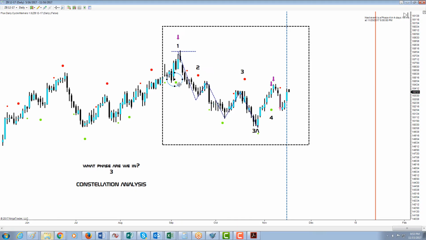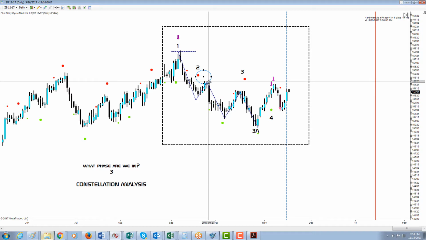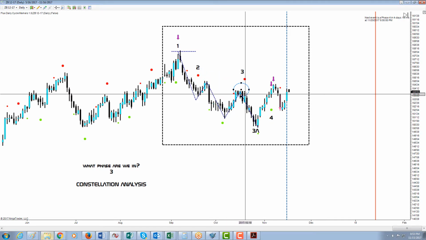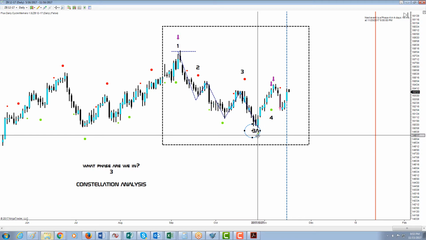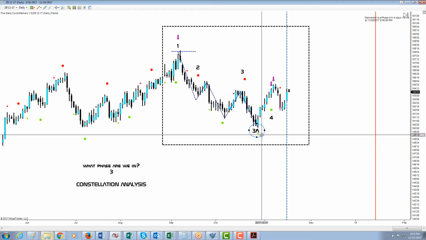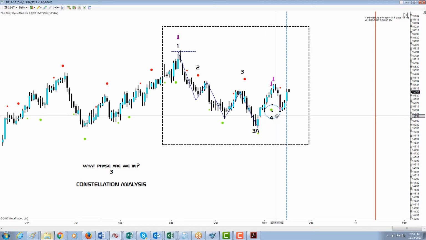I have a phase 2 at the high. I have a phase 4 at the second high right here. I have a phase 4 at the third high. And then down here I'm calling this a 3A, a phase 1 towards the bottom. And then a phase 2 right next at the 4th point in the constellation.